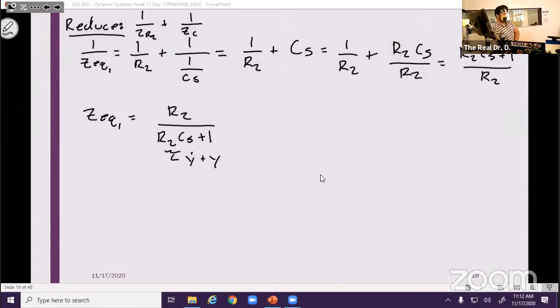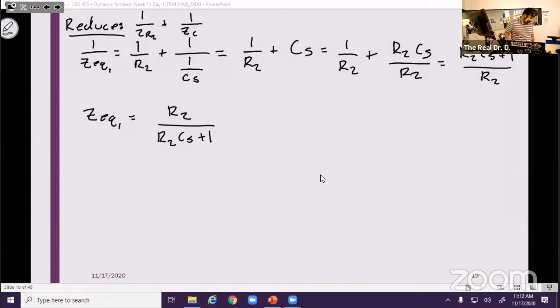What's tau? R2 times C. R2 times C is my time constant. Okay. So that's Z1 EQ, right?